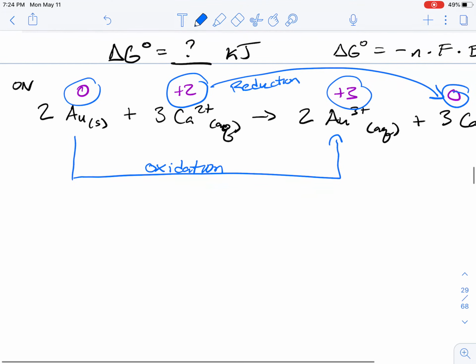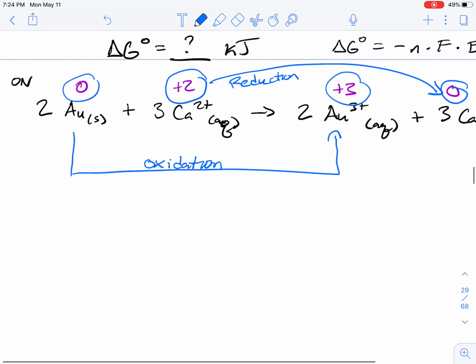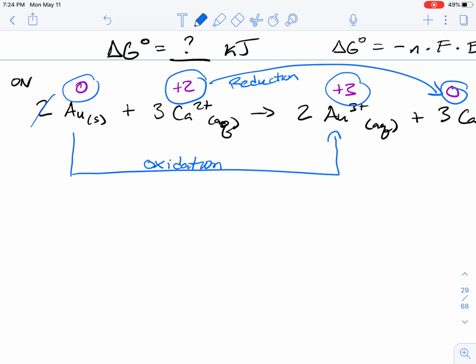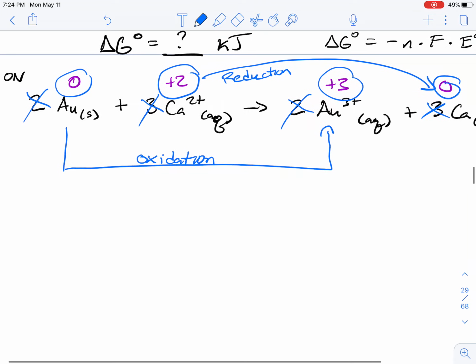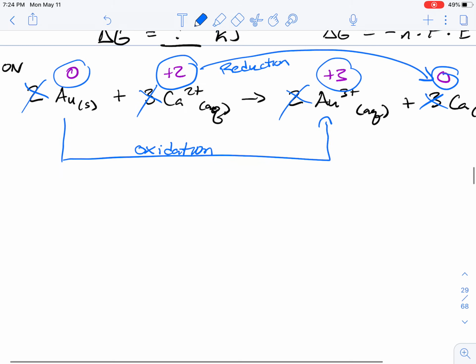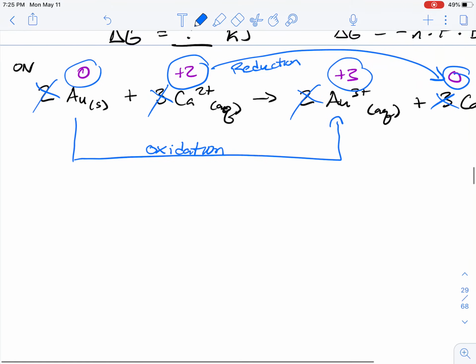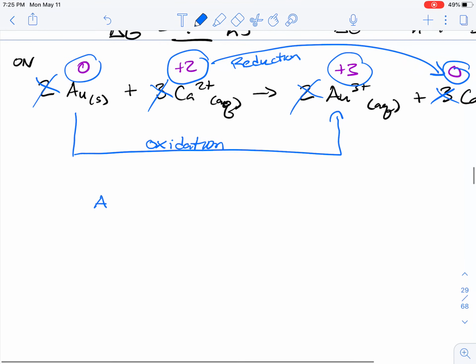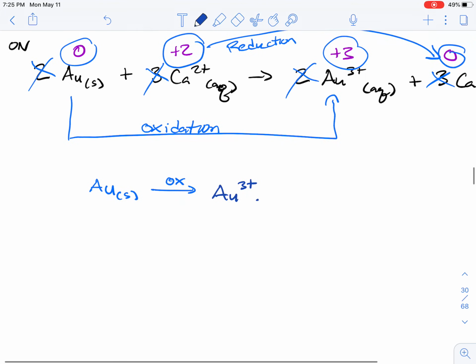And so I can go ahead and write half reactions. For now, I'm just going to ignore all of this stuff, so don't worry about it for now. And so when I'm writing my half reaction for the oxidation of gold, I'm going to have Au solid. So this is undergoing oxidation, and that's going to produce Au3 plus aqueous.